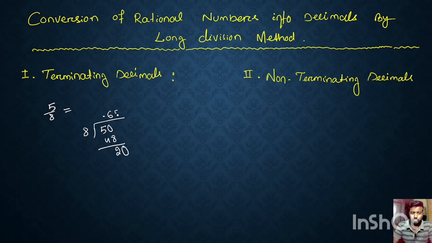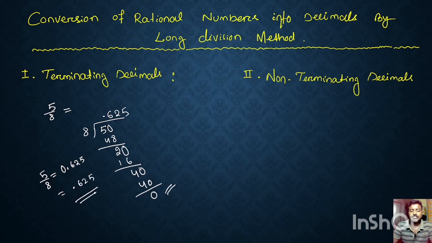So 8 2 16. Now 4, again 0. Now 8 5 40. The remainder is 0, which means when the remainder is equal to 0, then you stop. So the answer will be 5 divided by 8 is equal to 0.625.